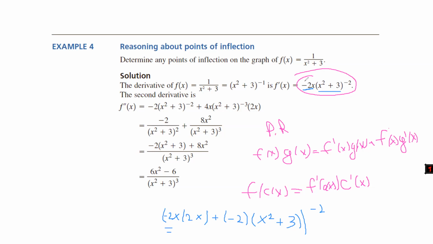Yeah. So what I do when I have a product, I break it up into two terms: -2x and (x squared plus 3) to the power -2. If I had just a coefficient here, just some constant, not the variable, then it wouldn't be a product rule.